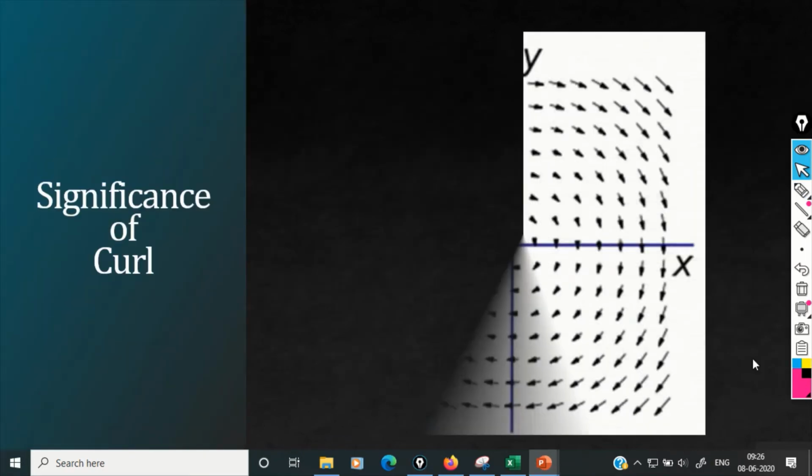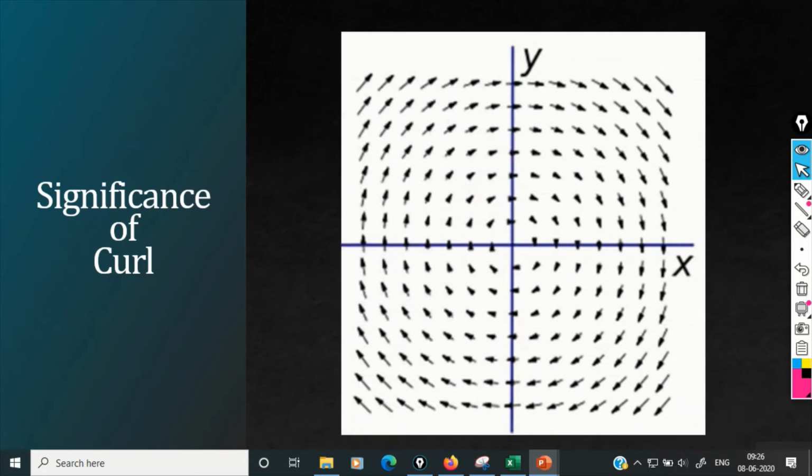What is the significance of the curl? Now, if I plot the curl on the xy plane, I will get arrows in rotational direction, in circular direction. So it tells me whether the field which is generated, either electric field or magnetic field or a combination of the two, has any rotational motion or not. You have seen the example of a magnet.